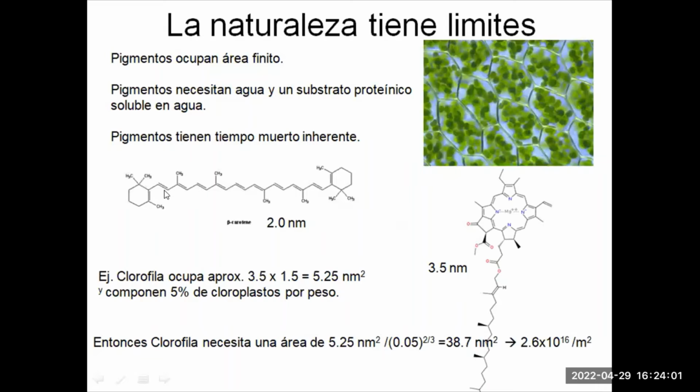So this was just an example of the different sizes of the pigments. And we can make an estimate that given these finite sizes of the pigments, we could have a maximum of about 2.6 times 10 to the 16 pigments per meter squared. And that is roughly what they calculate from satellite photos of photosynthetic areas over forests, for example.